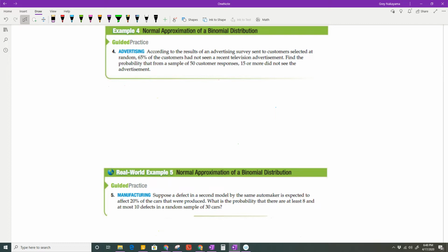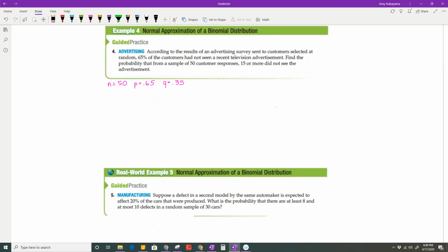You're going to have to do that no matter what. So in this particular problem, n is my sample size, which is 50. p is the probability of success, which is clearly 0.65. And q is the probability of failure, which is 1 minus 0.65, or 0.35.